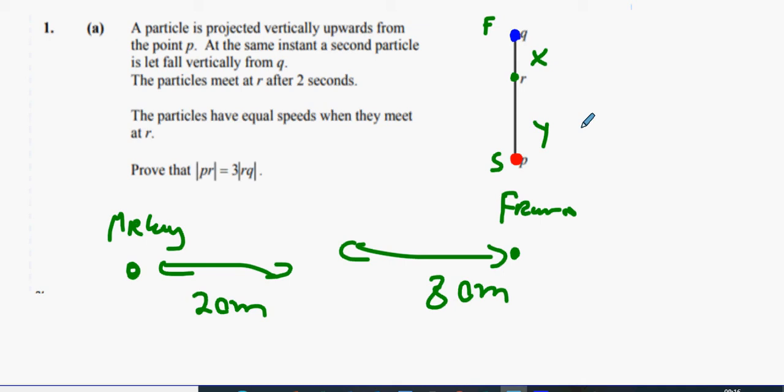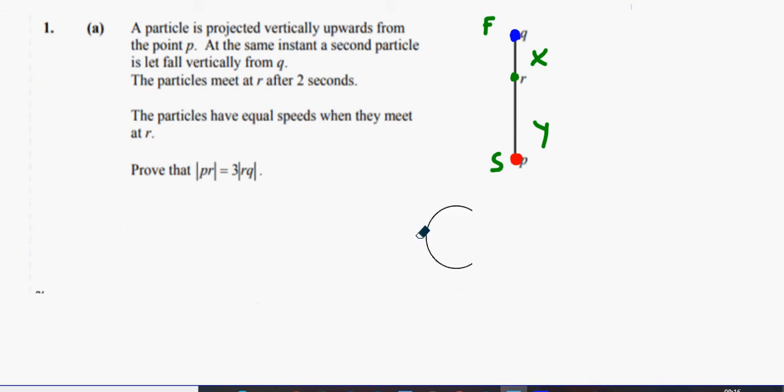We say that they meet after 2 seconds. Let's just UVAS each one and see what we come up with. I'm going to UVAS the red one, which we'll call A, and it's UVAST. Do we know how fast it's thrown up? Call it U. Is it stationary when they collide?